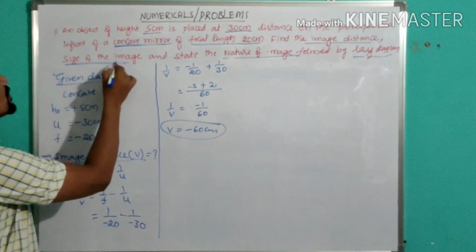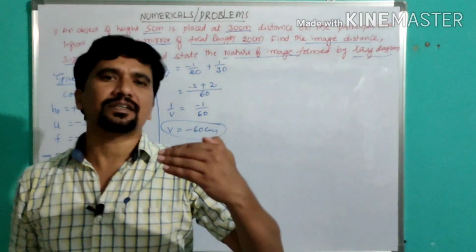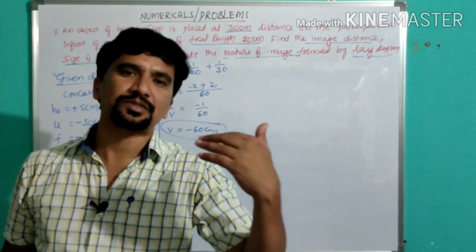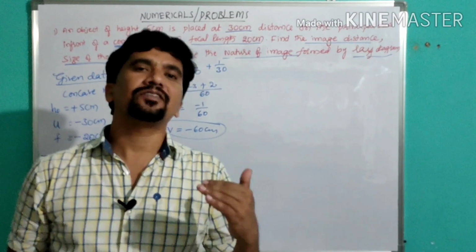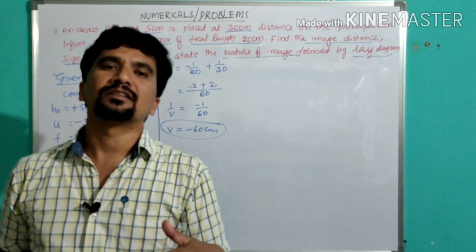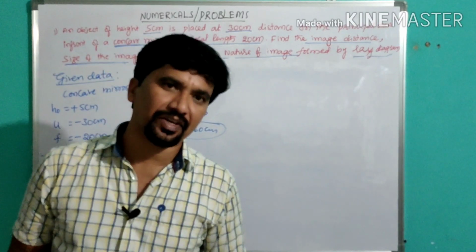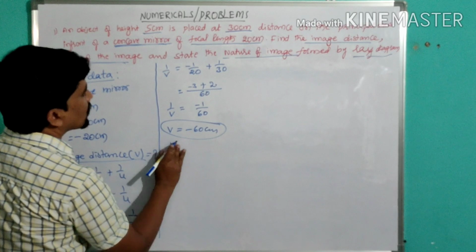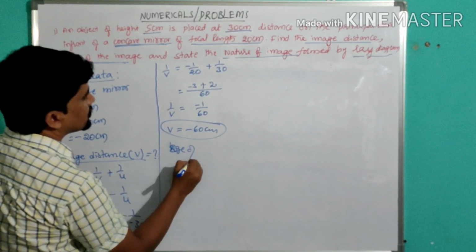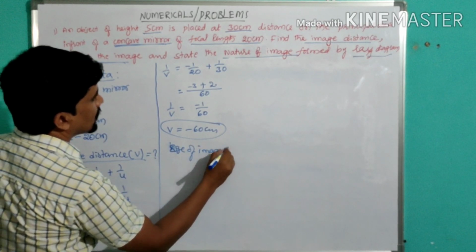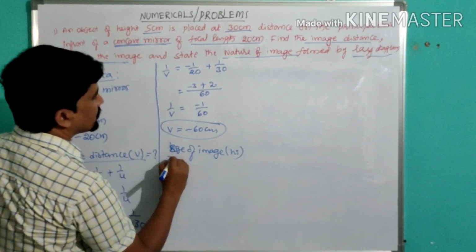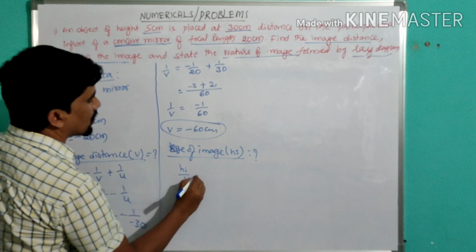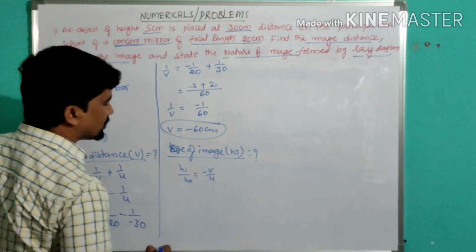Next, size of the image. When size of the object means height of the object given, then size of the image refers to height of the image. If height of the object is not given, then size of the image refers to magnification. Here height of the object is given, that's why size of the image, that is HI. Now the relation is HI by HO equals minus v by u.